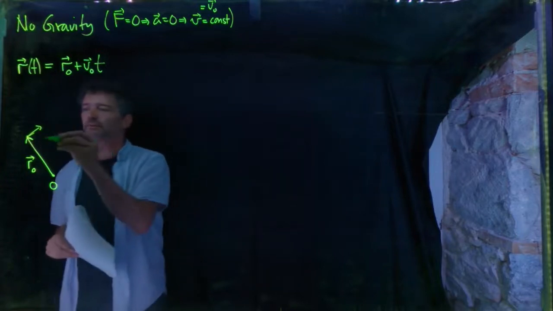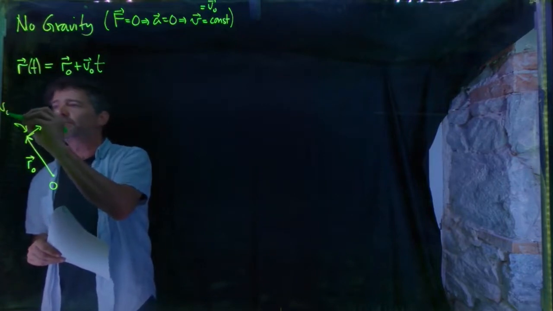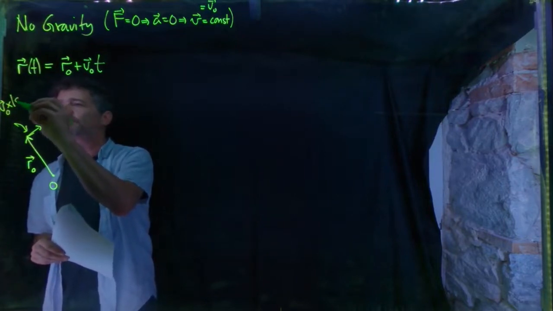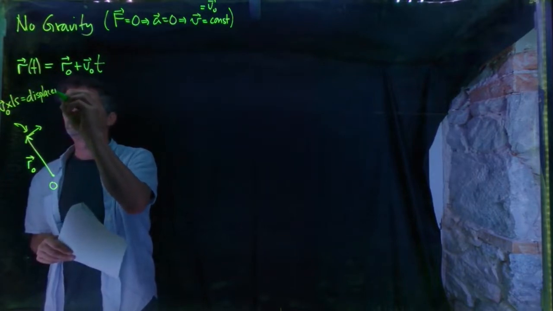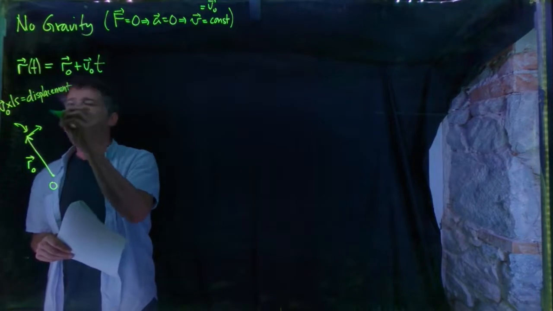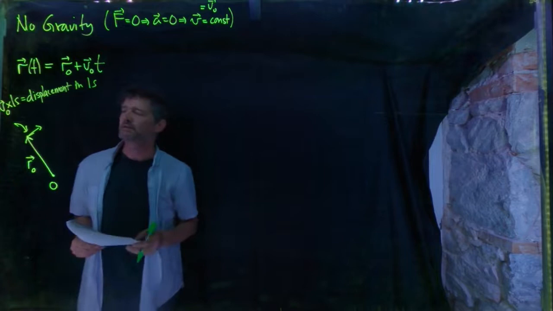Let's suppose it's a vector of this length. So this is v0 times 1 second, the change in position of the baseball in 1 second. So it looks like that.